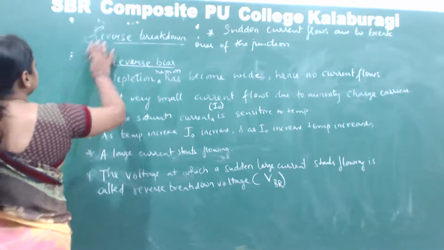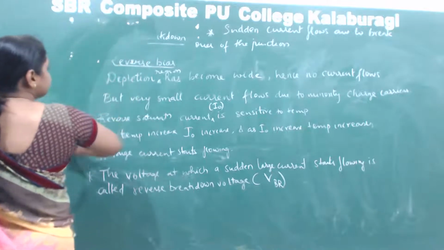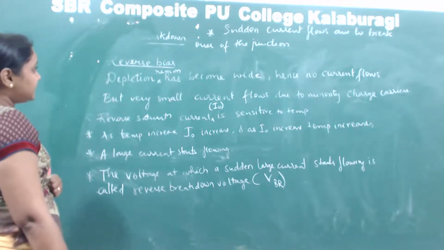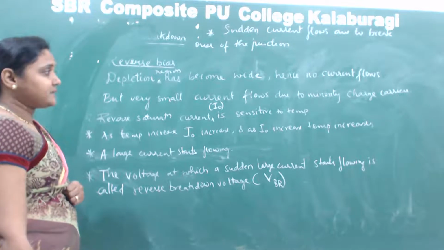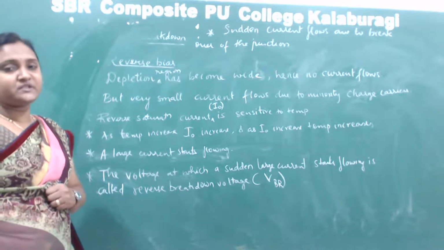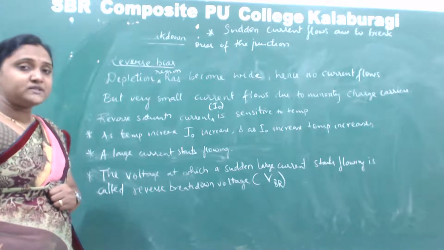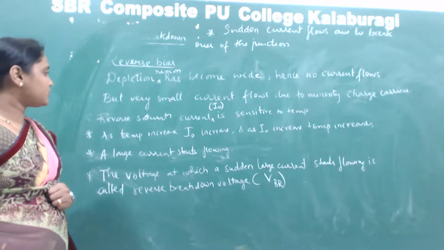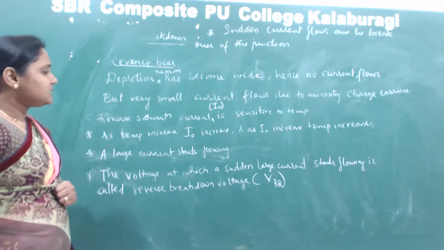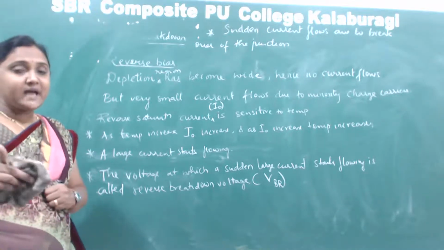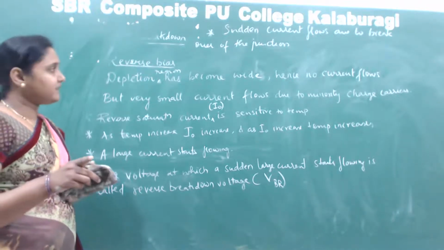So this is about the reverse saturation current and the reverse breakdown. If temperature increases, the reverse saturation current increases. Due to this cumulative, cyclic process, suddenly a large current starts flowing, and this happens at the breakover of the junction.